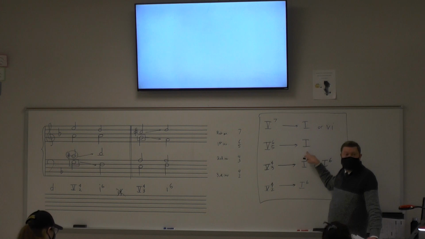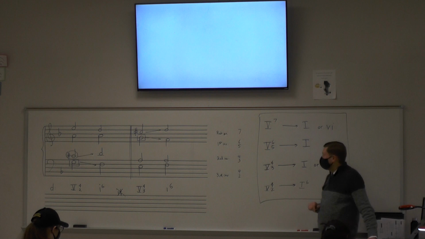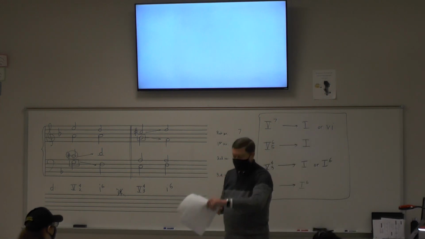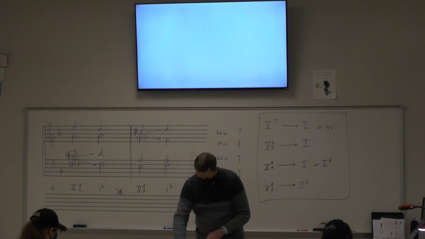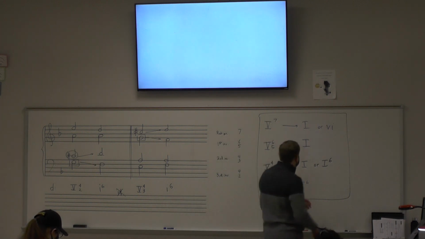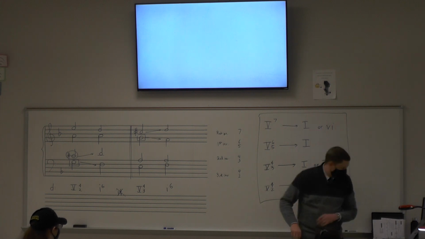If you're not taking it to root position 1, you're doing it wrong. 4-3 has a couple of chord choices to go to, and 4-2 only has one chord. I would put this in your notes, by the way, because the book doesn't have this.